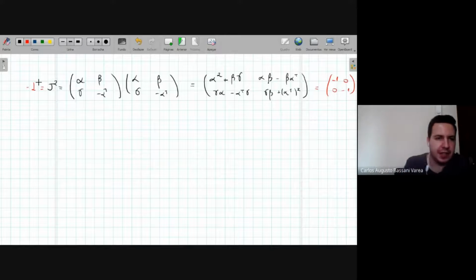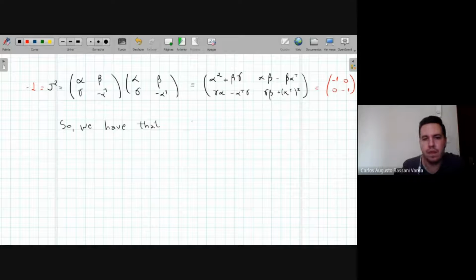And when we ask this, we obtain the following. Alpha squared plus beta gamma is equal to minus 1.